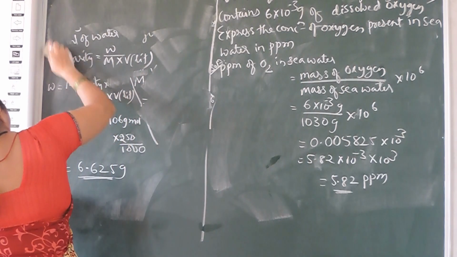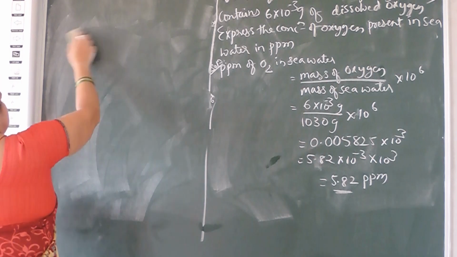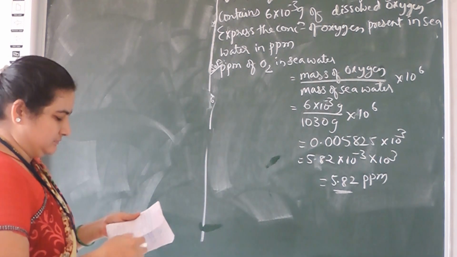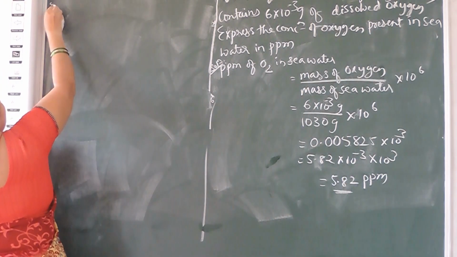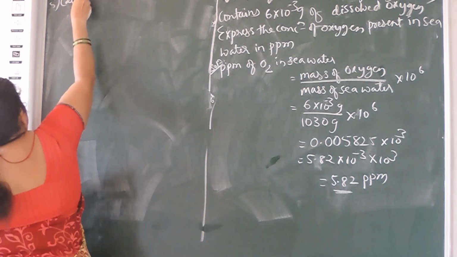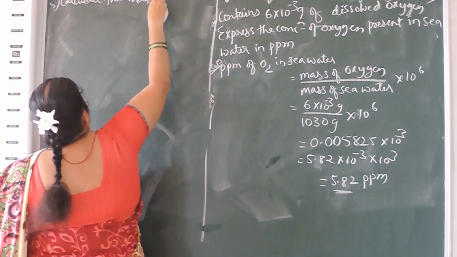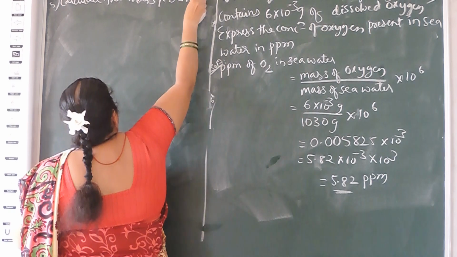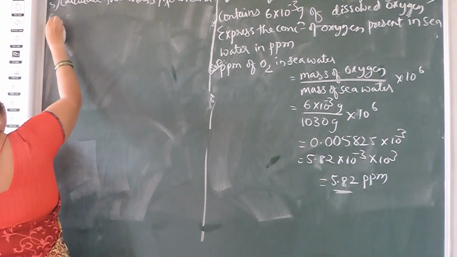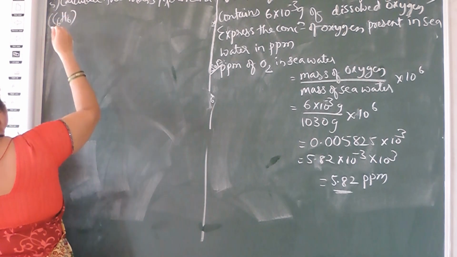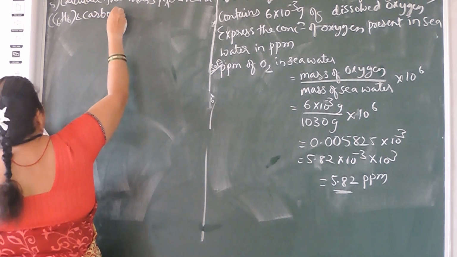Fifth question. Calculate the mass percentage of benzene, molecular formula C6H6, in carbon tetrachloride.